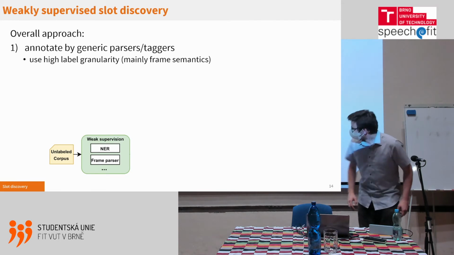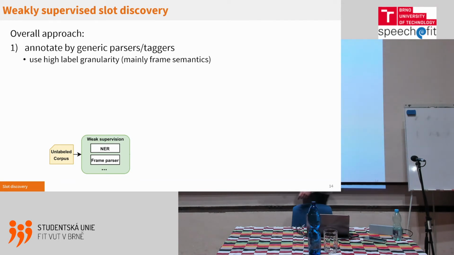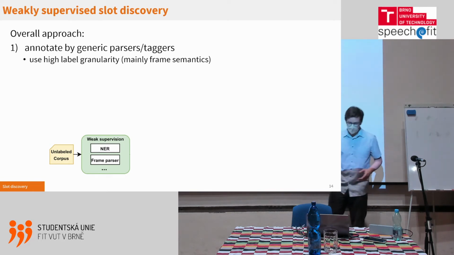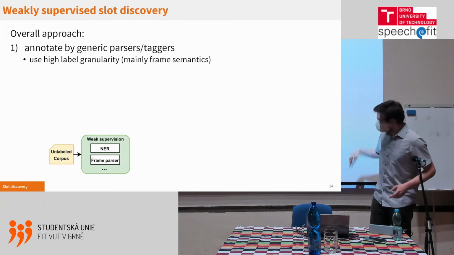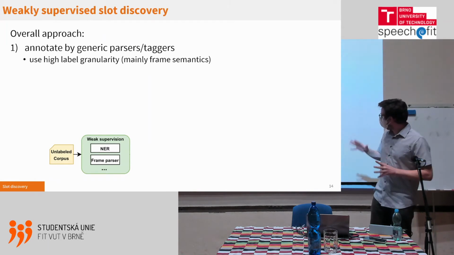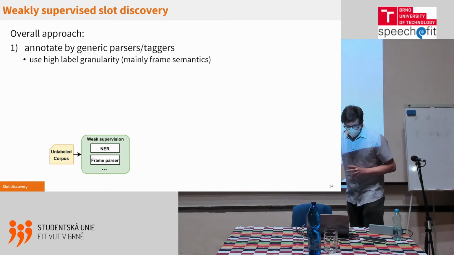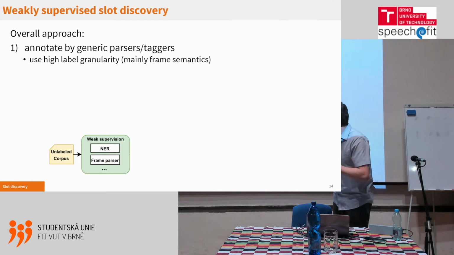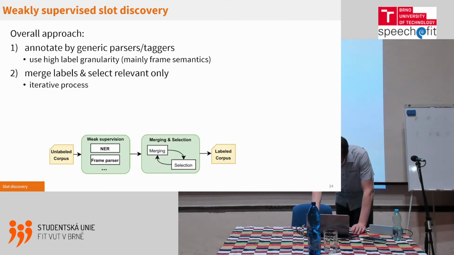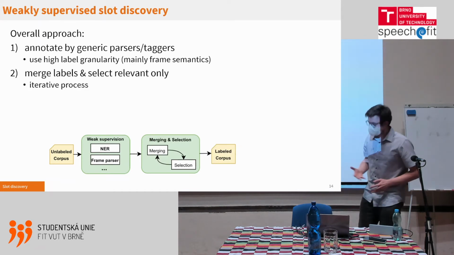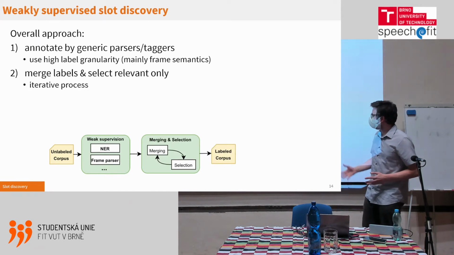For the frame semantic parsing, it's a good thing that there are basically hundreds of different labels. I'll show one example later, but there are many different labels, so that we can start from them and join them, and select only the relevant ones.